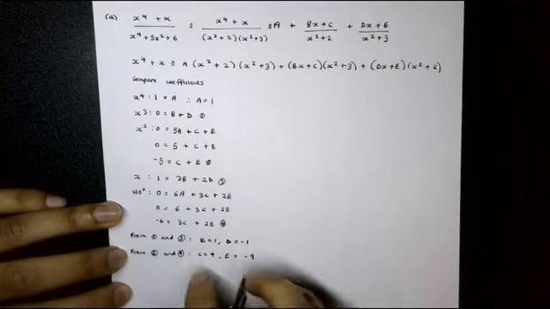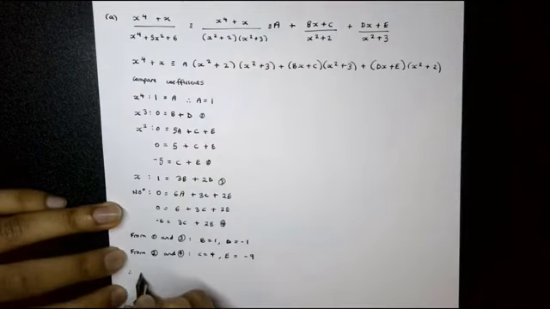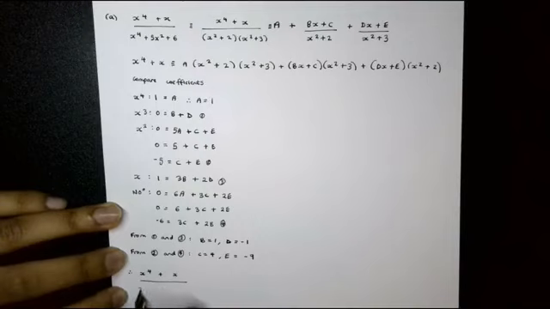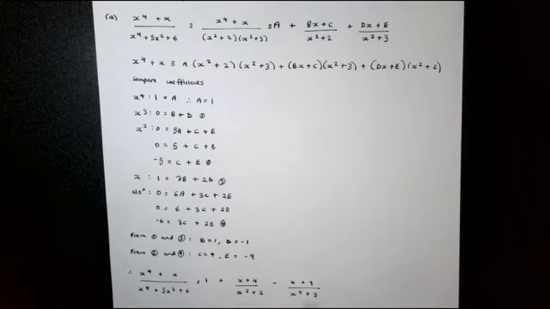So knowing that, we can substitute all these values back into this right hand side here and conclude that x to the 4 plus x over x to the 4 plus 5x squared plus 6 is equivalent to 1, plus x plus 4 over x squared plus 2, minus x plus 9 over x squared plus 3. Okay?